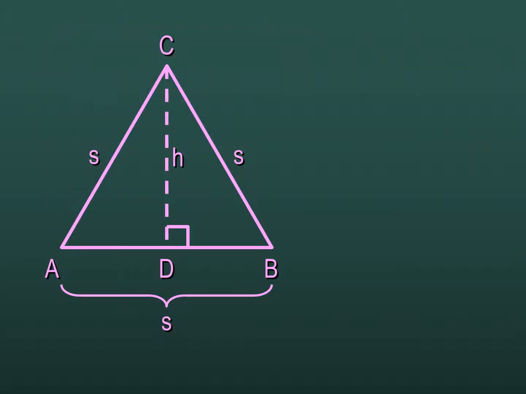Alright, so here is an equilateral triangle. So notice that all the sides are s. So this is where the formula comes from. Okay, so here is the height, h, and then this side right here is half of s, right? Half of s.